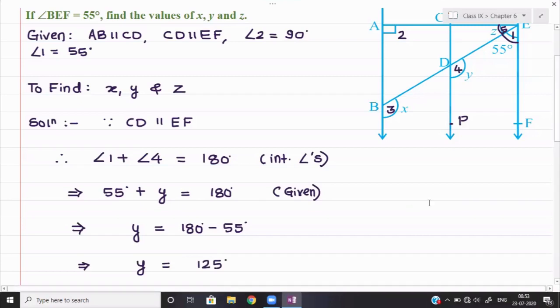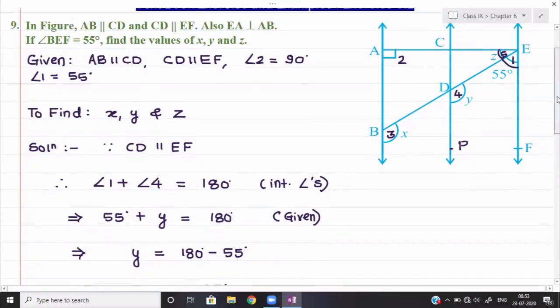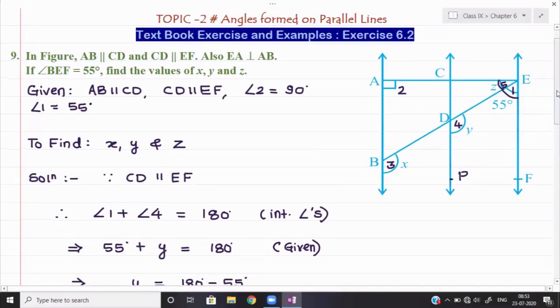Now look at the figure again, because now I am making a relation between angle 3 and angle 4. Students, please see angle 3 and angle 4. It is very difficult to form the figure separately again. So I hope you are able to make the relation between angle 3 and angle 4 now. We can say clearly they are corresponding angles. We are given that the lines AB and CD are parallel, so corresponding angles will be equal.